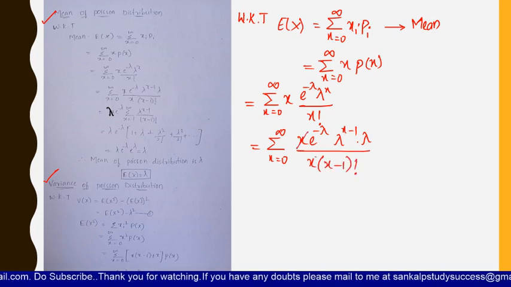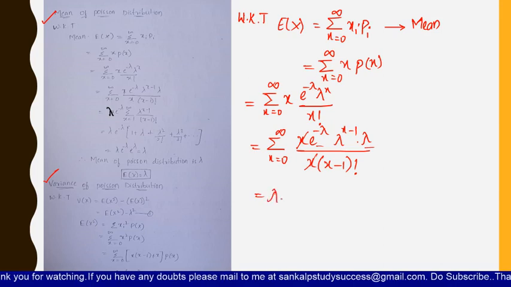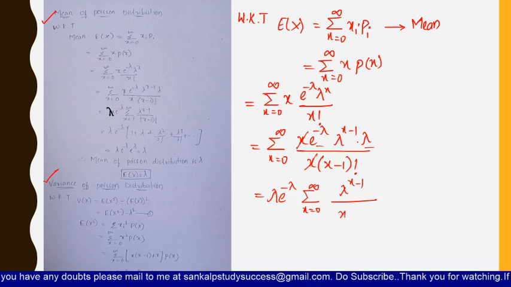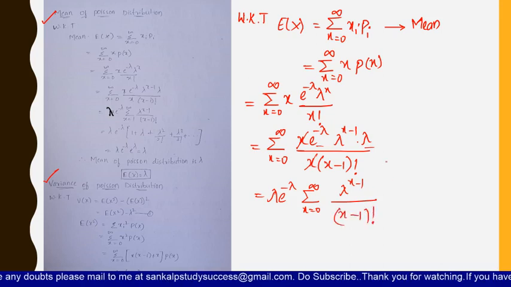So in the numerator and denominator we can cancel x here. Then we are left with lambda and e power minus lambda, which are constants. So let us take them out: lambda into e power minus lambda, into the summation of x equals 1 to infinity lambda power x minus 1 by x minus 1 factorial. This is the simplified form of the previous equation.